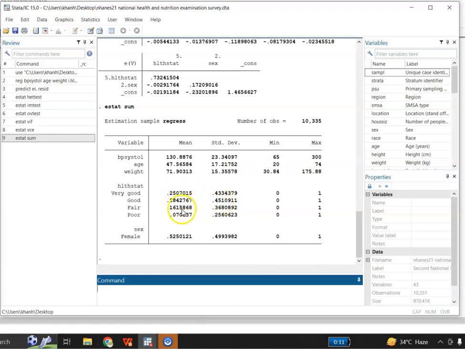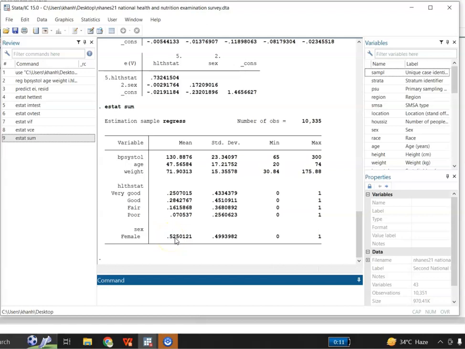These are the mean values, standard deviation values, minimum and maximum values for the various categories of the variables. Since this is categorical, it is either 0 or 1, so that is why its minimum value is 0 and maximum is 1. And also this is an indicator variable. So this is for female.